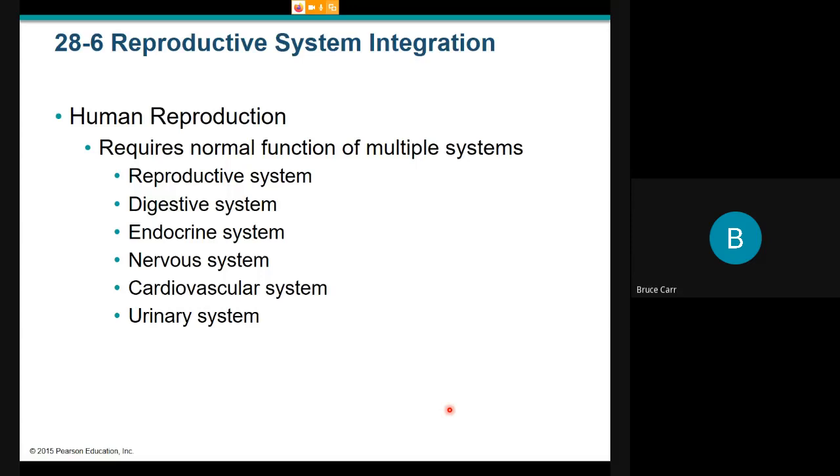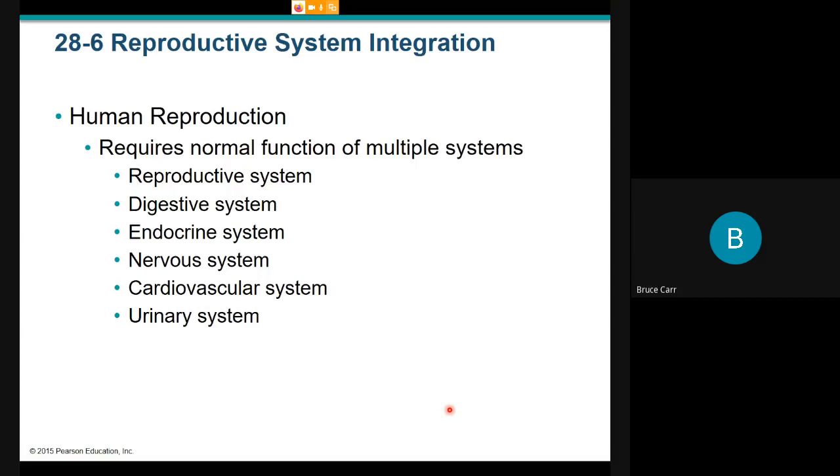Now, human reproduction, using these two organ system structures that we've just gone through, actually requires support by all the other systems, whereas the reproductive system is going to be affecting the overall anatomy and organ system physiology. There's a reciprocal effect.